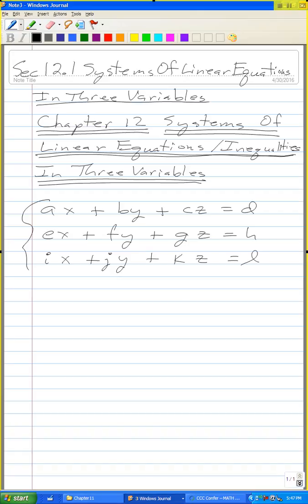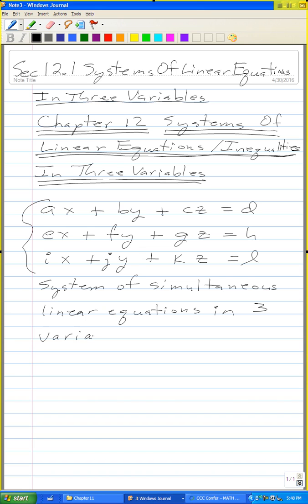So this is a system of simultaneous linear equations. In this case, this will be in three variables, at least what I've written.